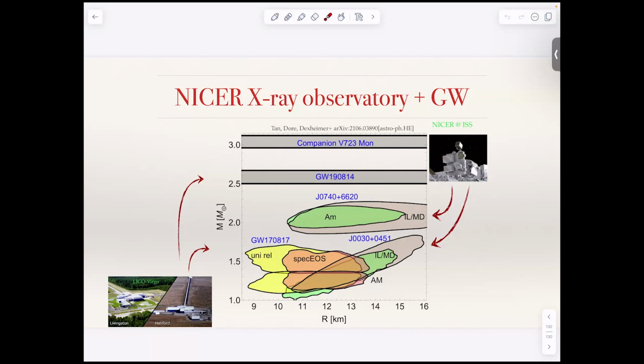So if we could observe more massive neutron stars compared to what we have now, that will make a clear improvement in the equation of state and in the determination of the neutron star composition.